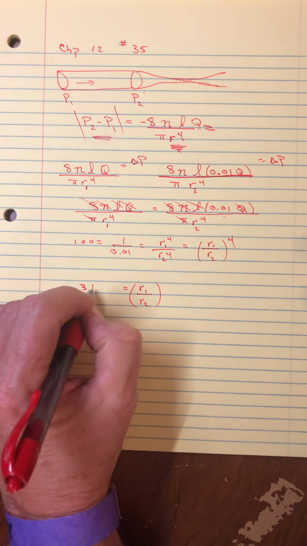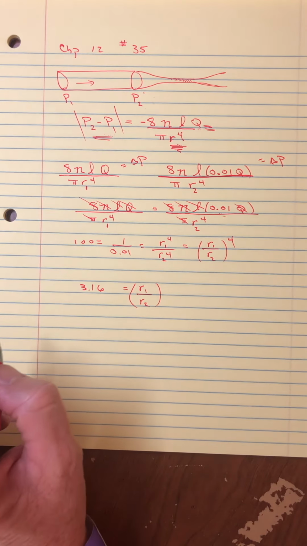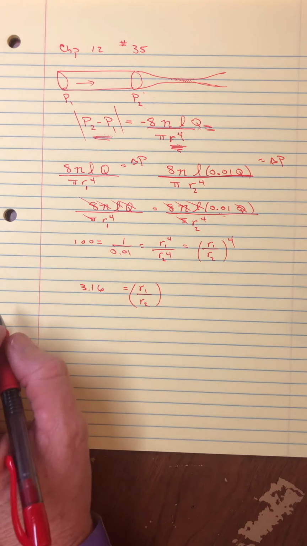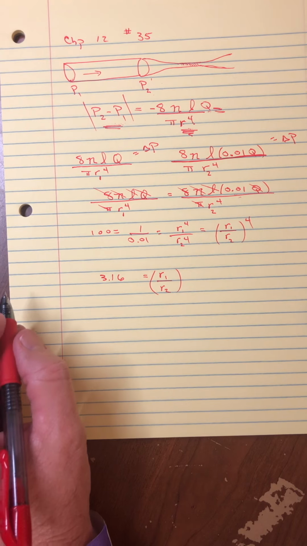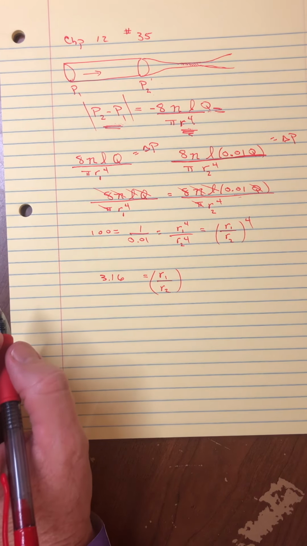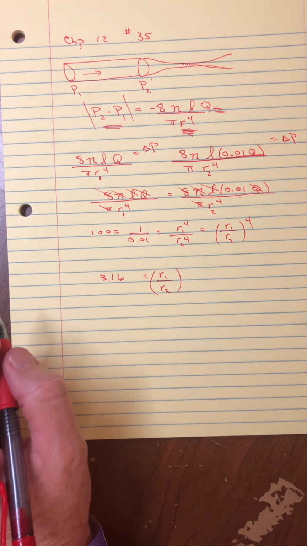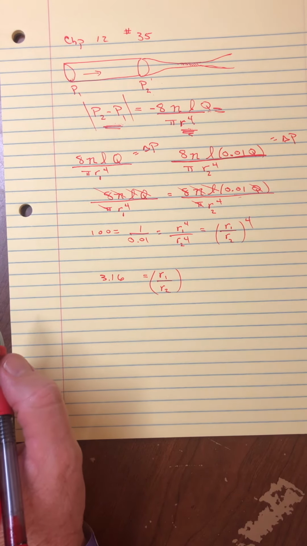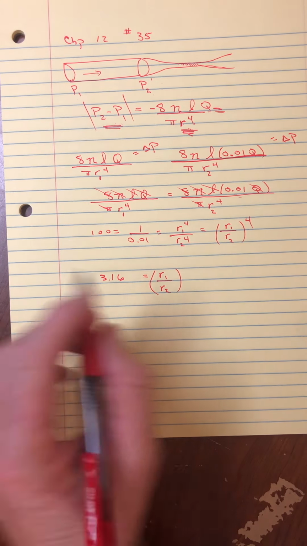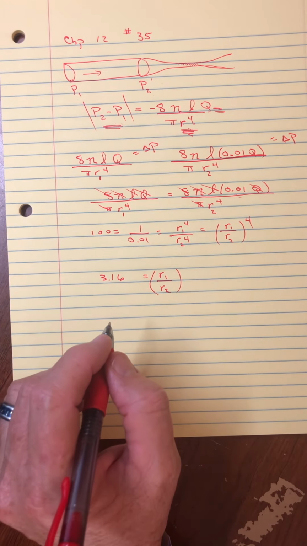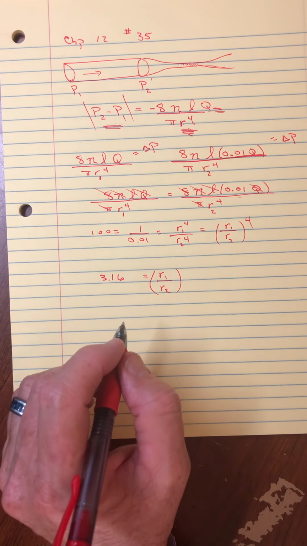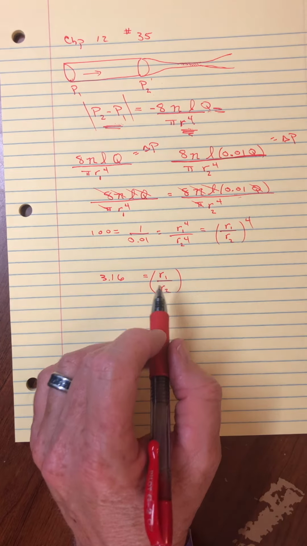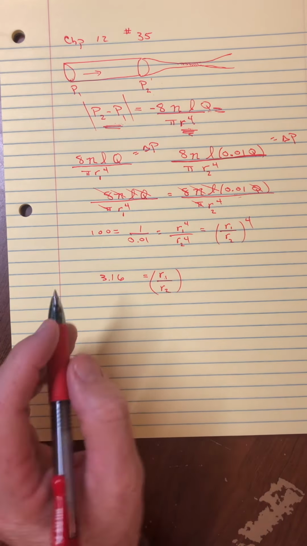So 3.16 would be this ratio. And I guess I would then say something to this effect. Let's see how they would want it. See, R1 is bigger than R2.